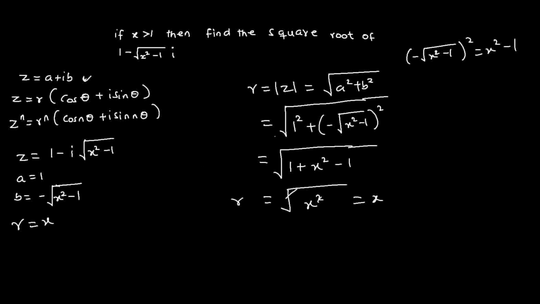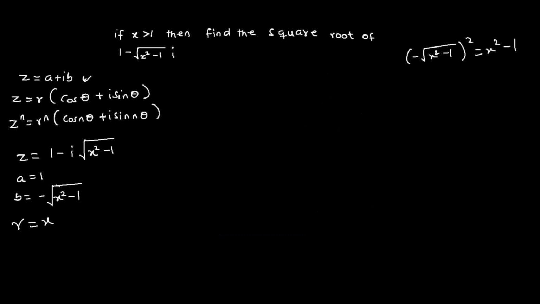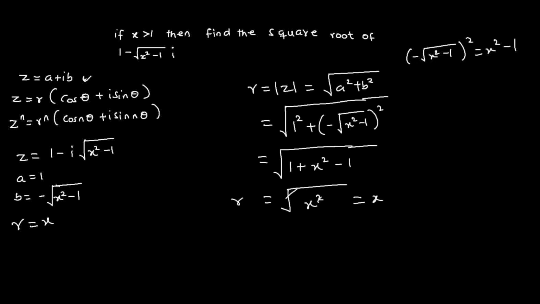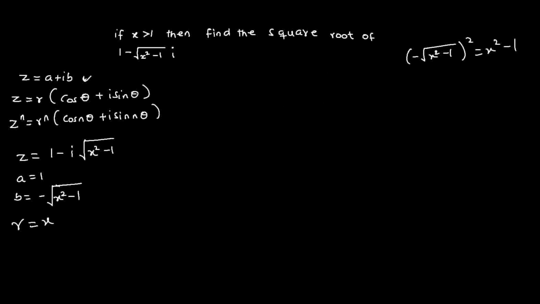From here I'm going to rewrite the complex number in a way that we can identify n. So you start from here, we said z equals 1 minus i multiplying the square root of x squared minus 1. And then you have to take the square root of z.